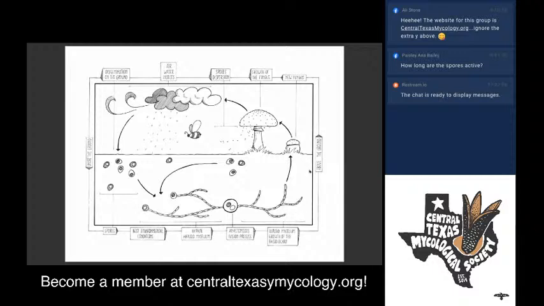This cartoon doesn't have a really good depiction of that process happening, but at a certain point, the mycelial network will reach its full limits inside the substrate, and it won't be able to reach out anymore.